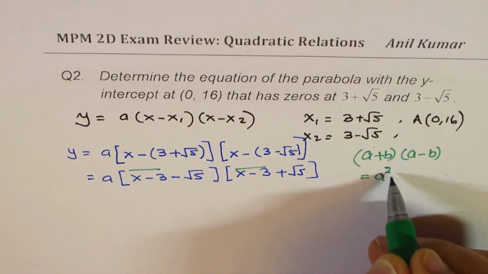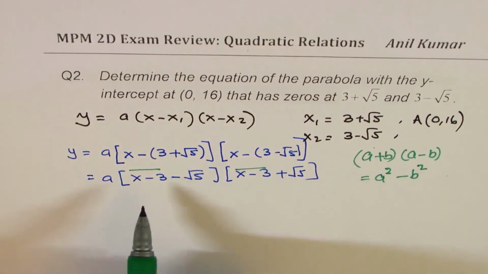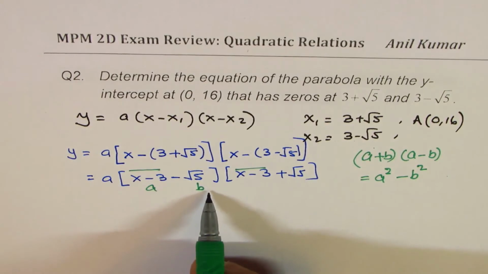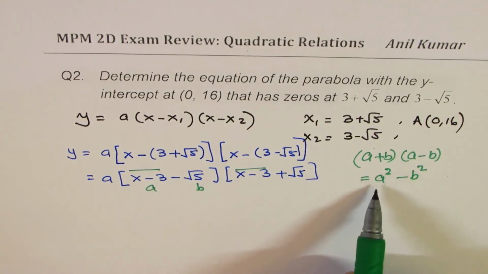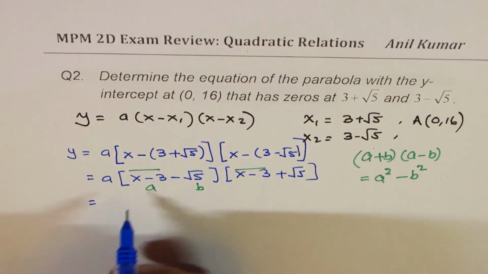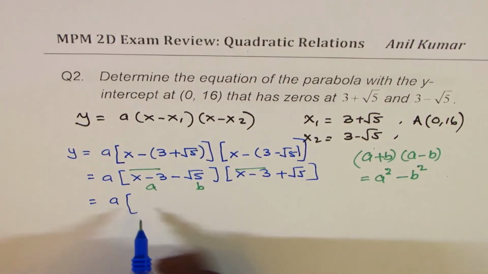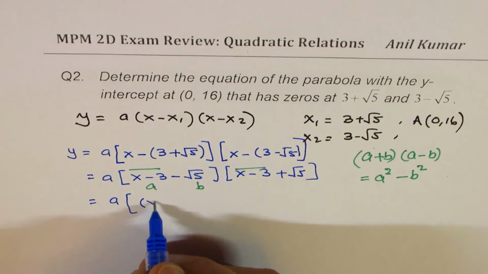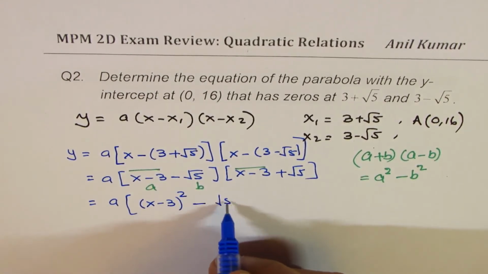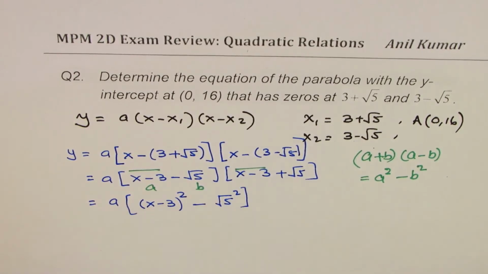It is equal to a square minus b square. So think this is a and that is b. We have a minus b times a plus b, and we could write this as a square minus b square, correct? So that's what I'm going to do now. I'll write this as (x minus 3) whole square minus (square root 5) whole square, correct?